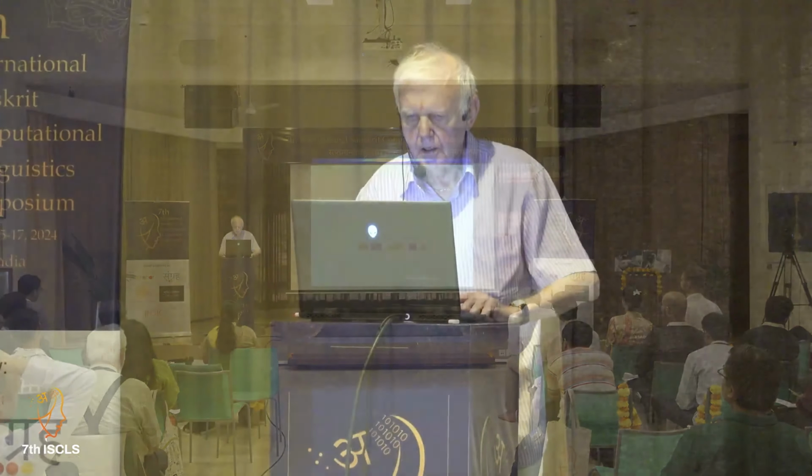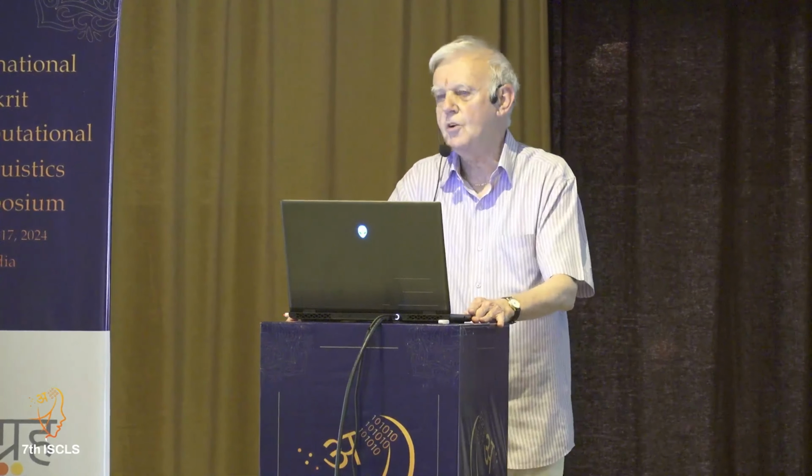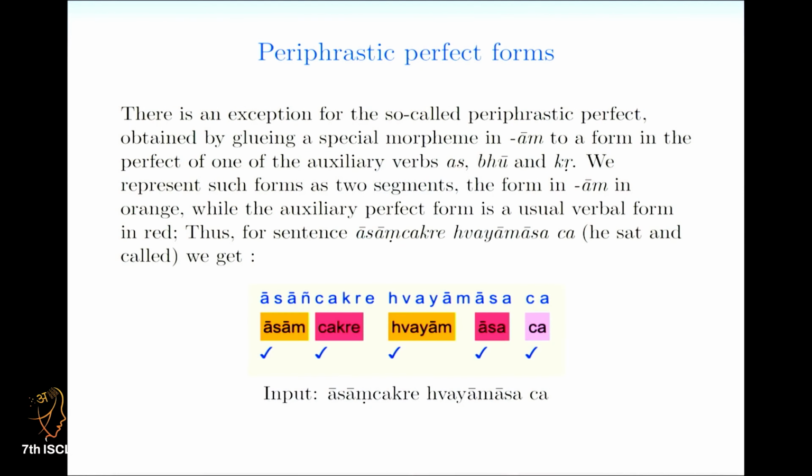And another variety of compounding. Now this is verbal compounding, the so-called periphrastic perfect forms. The usual perfect goes by duplication of the root. And sometimes duplication is awkward on certain roots.